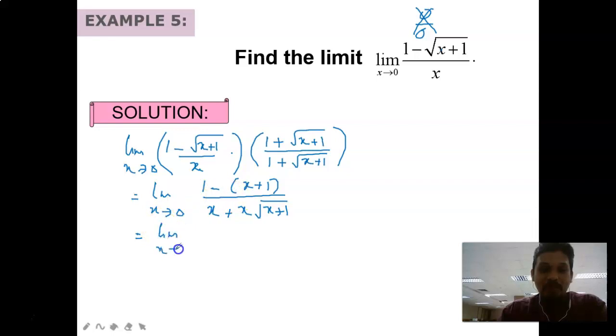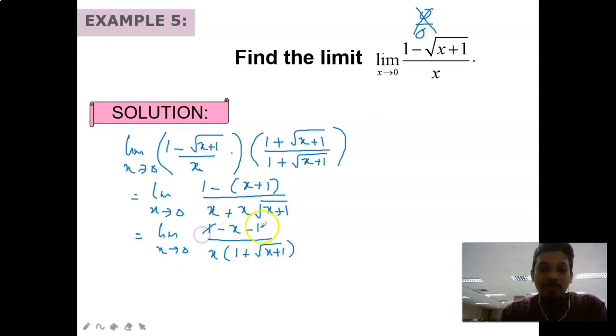Limit x approaches 0. 1 minus x, and then negative times positive 1 minus 1 divided by, look at the denominator here, x with an x, so factorize with the 1 plus square root of x plus 1.